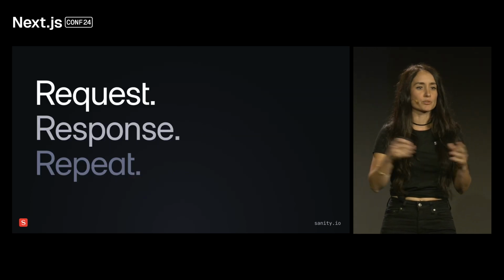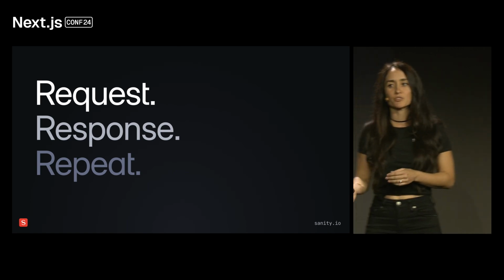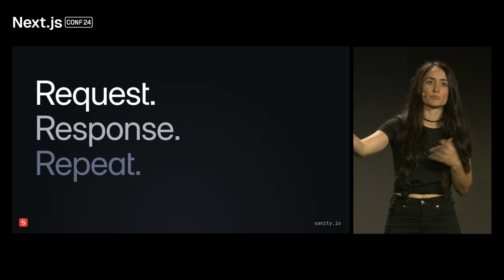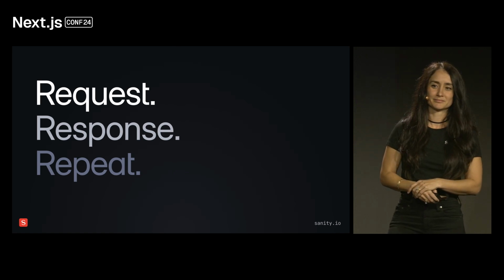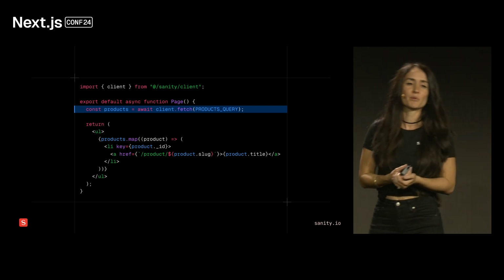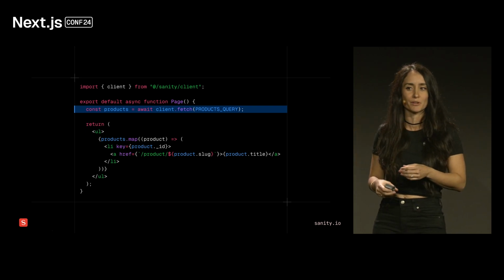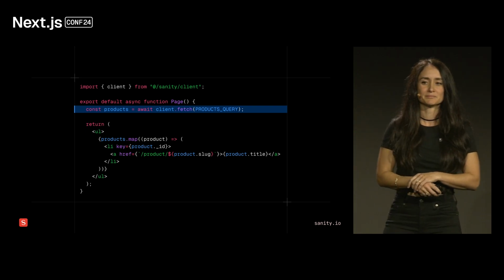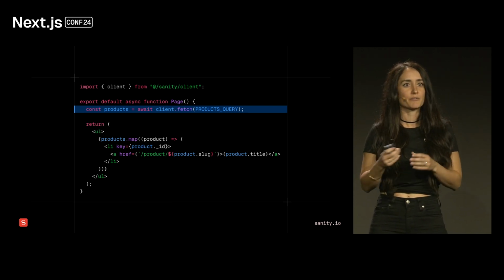The request-response cycle is the foundation of the web. Most web apps you use today will fetch and render content on demand. Today, in a Next.js app, you can fetch and await content from inside a React server component. Simple. However, refreshing this content might require a full page reload.